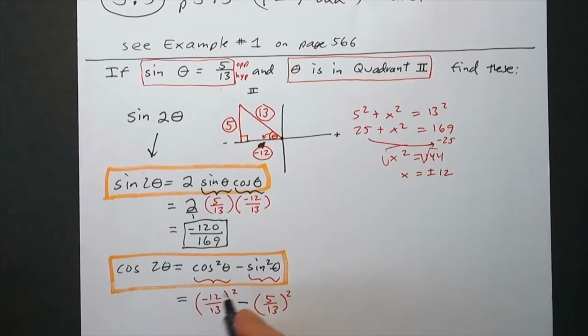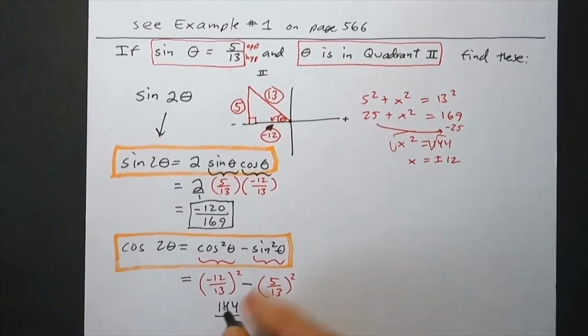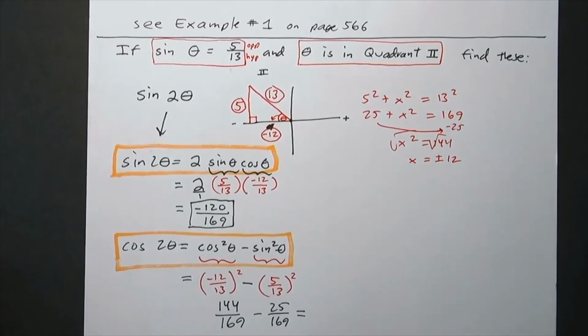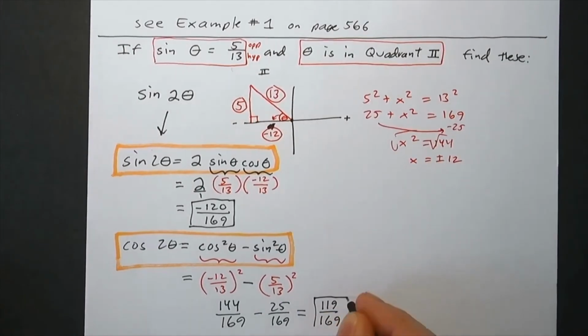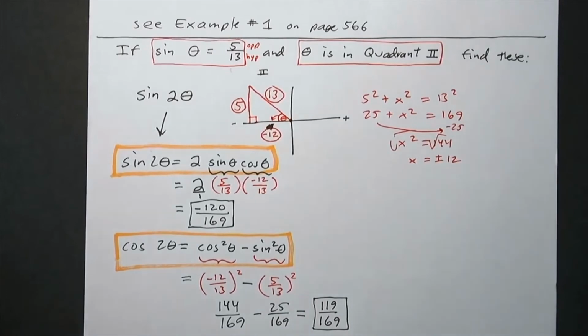The negative getting squared actually turns it positive. 12 times 12 is 144. 13 times 13 is 169. 5 squared is 25, over 169. And actually, I can figure this out. 144 minus 25 leaves me with 119 over 169. Ta-da! And that's my answer.